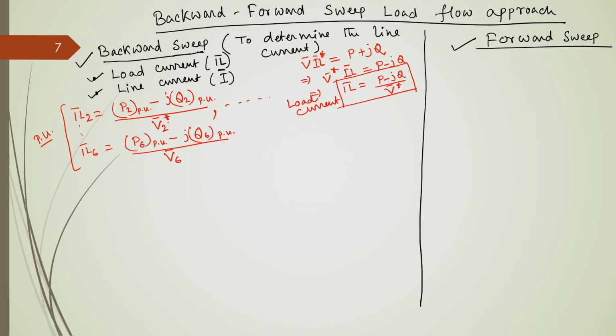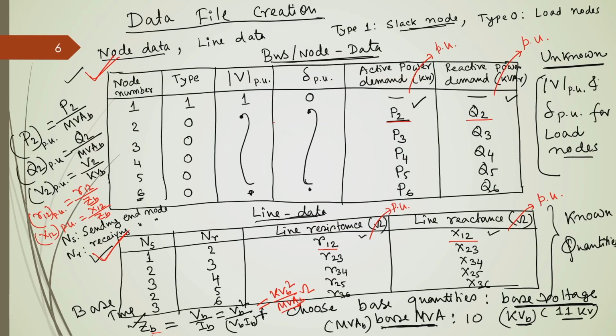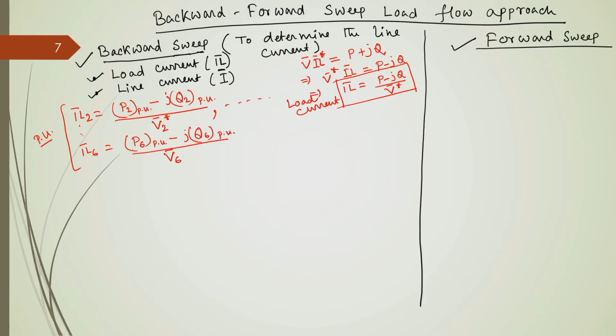Now, you can see that here our V are unknown, this V 2, V 3, V 4, V 5, V 6, these are unknown. So, what we will do? How to find this load current then? Because we need the information of voltages here. Okay. So, since as I said this algorithm or power flow approach is an iterative approach, we will initially choose initial guess values of these unknown quantities.